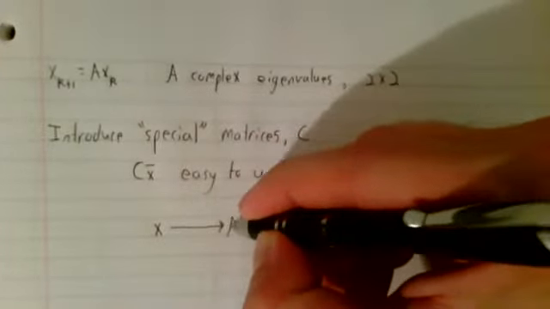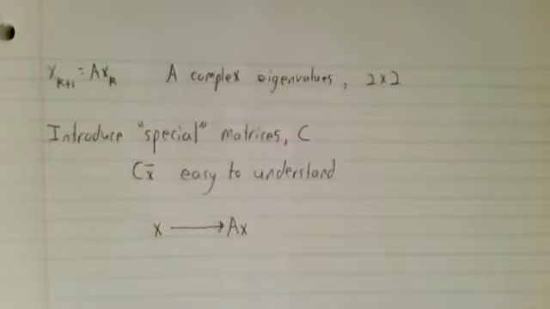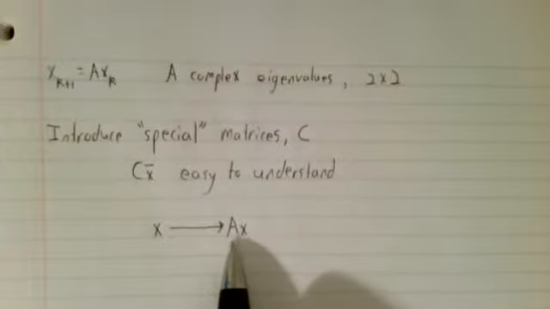So we're looking at a product like this, where A has complex eigenvalues.